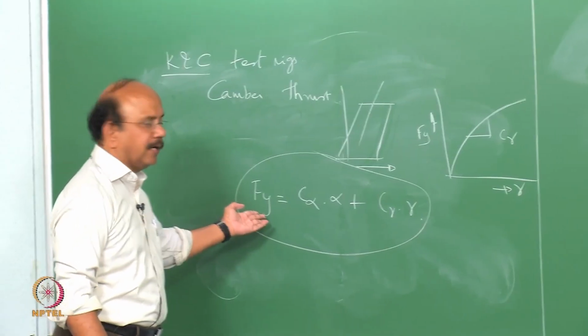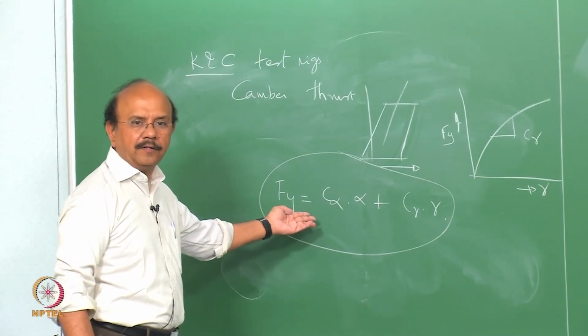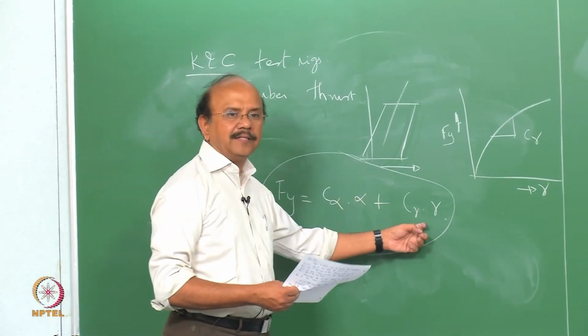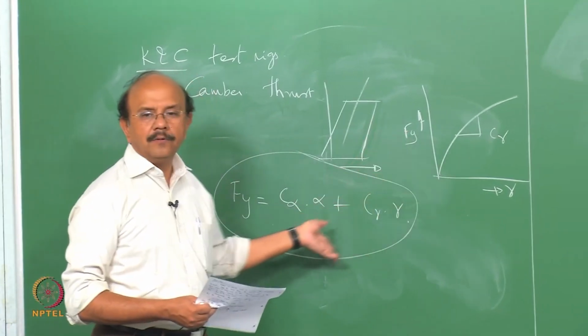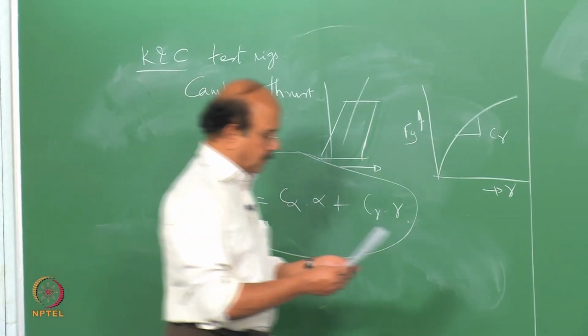Okay, and write down the final expression straight away. No big deal. I have written this for front, write it for rear, write this down in terms of AY, and then rearrange it.